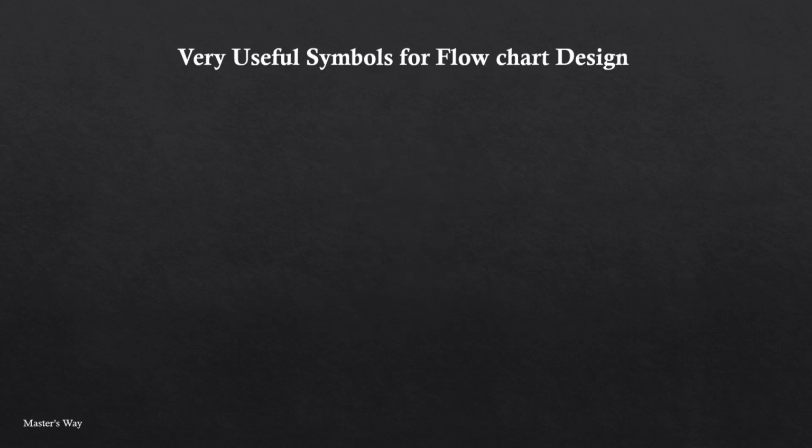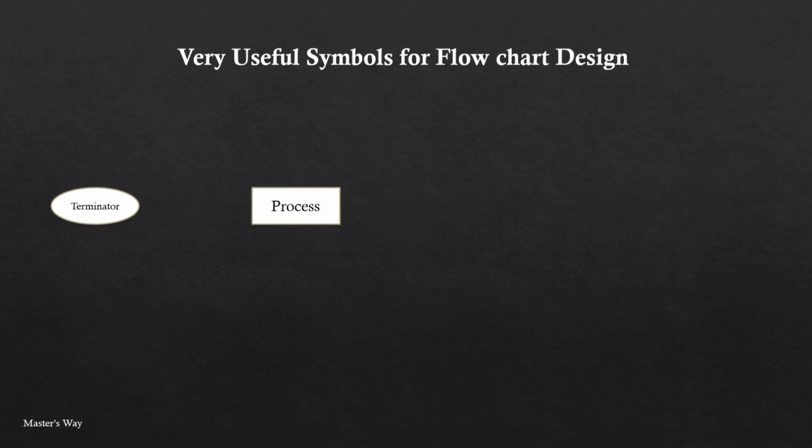So now we will see some very useful symbols for flowchart design. The first one, the oval or terminator, is used to represent the start and end of a process. We have rectangles to capture process steps, like basic tasks or actions in your process.